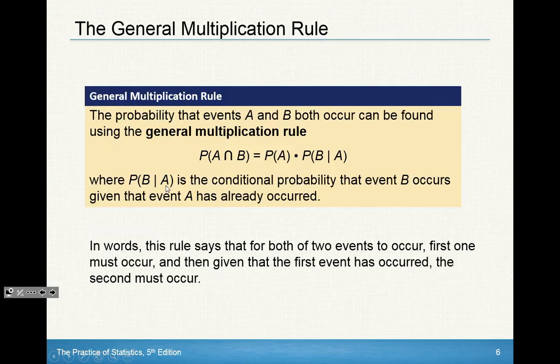So again, the second letter is the one that's already occurred. So in words, this rule says that for both of two events to occur, the first one must occur, and then given that the first event has occurred, the second must occur.